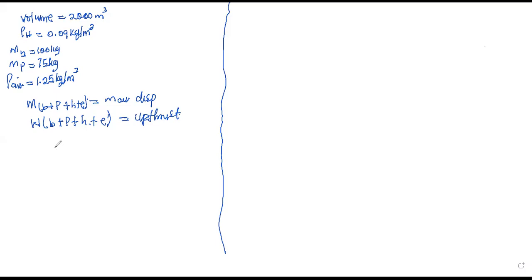We were given the mass of balloon 100, mass of pilot 75, but we do not have the mass of hydrogen gas. So the mass of hydrogen gas would be equal to the density of hydrogen gas times the volume of the hydrogen gas. The density of hydrogen gas is 0.09.